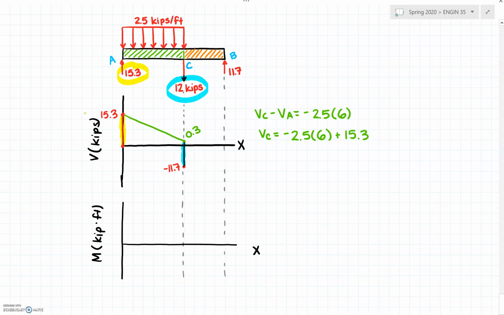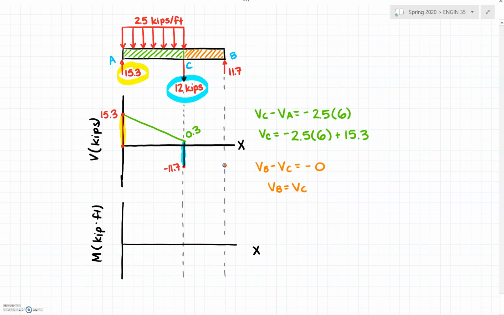So next, between C and B, there's no distributed load. So my shear diagram is going to be straight across. Another way to show that is the shear at B minus the shear at C is going to be minus the area under the load curve, which there is no load curve, so VB equals VC.